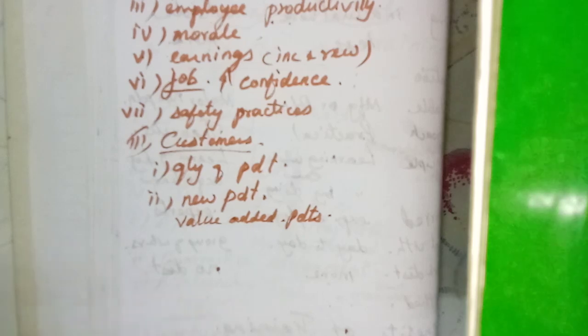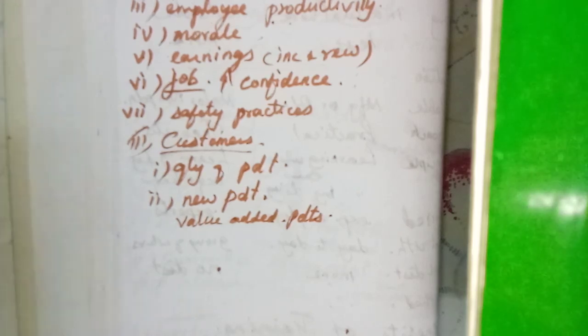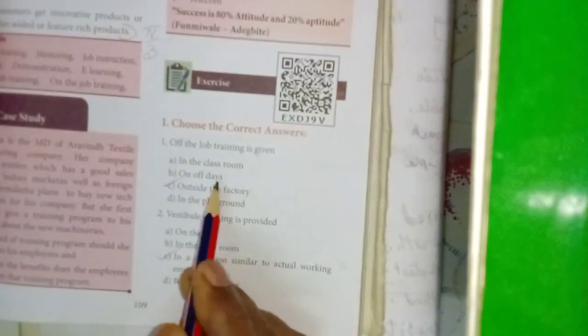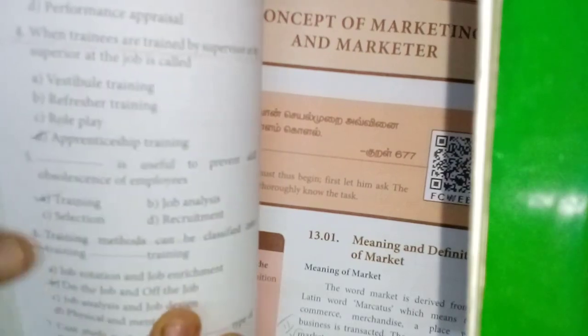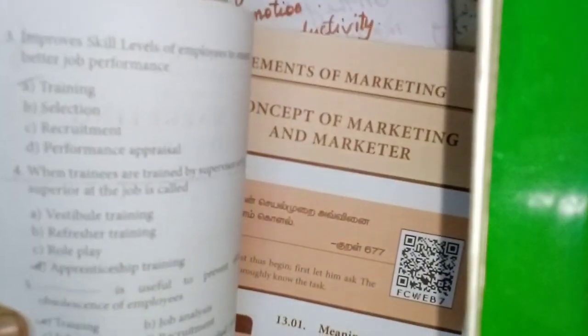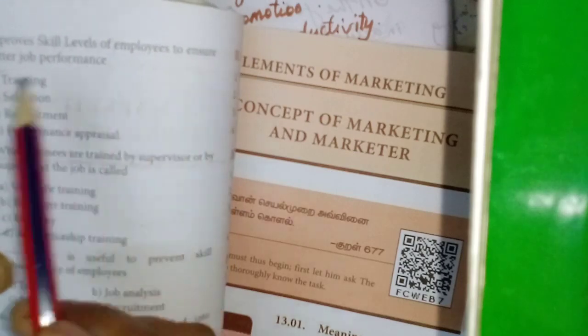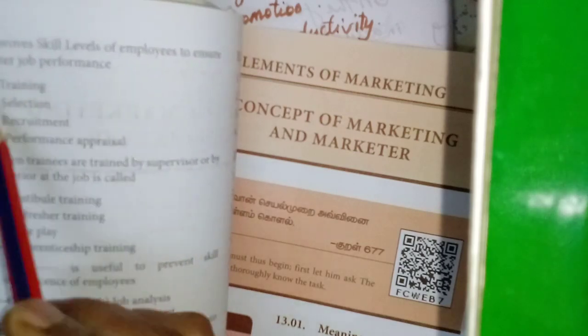Okay, now we will mark these question answers. Off the job training is given outside the factory. Vestibule training is provided in a situation similar to the actual working environment. Training improves skill levels of employees to ensure better job performance.